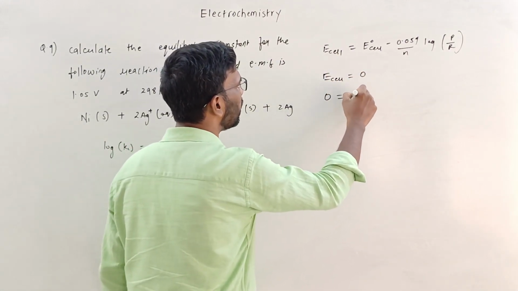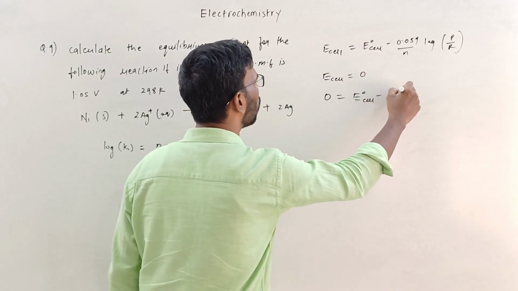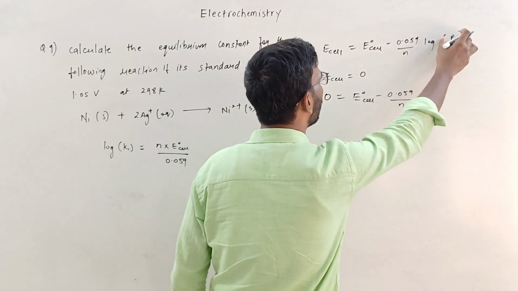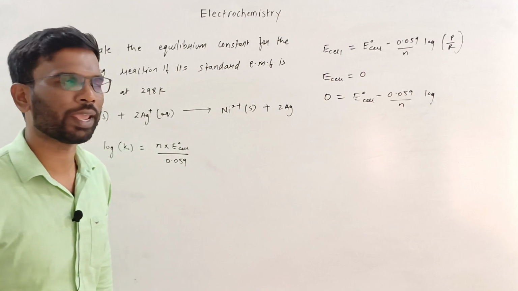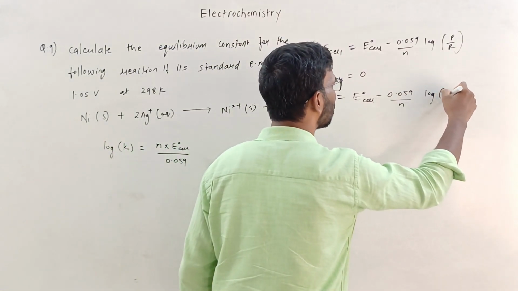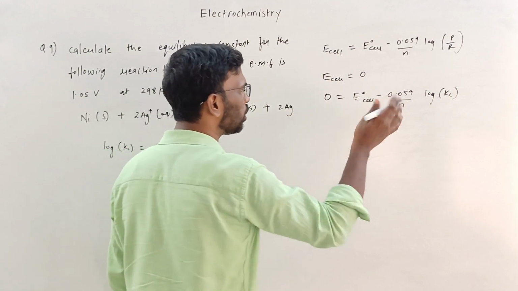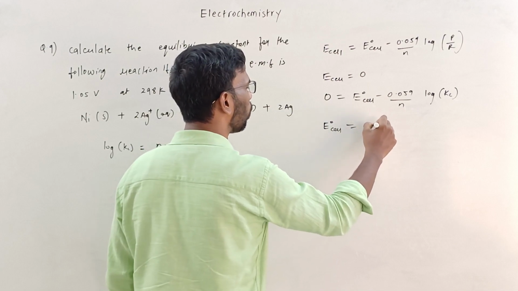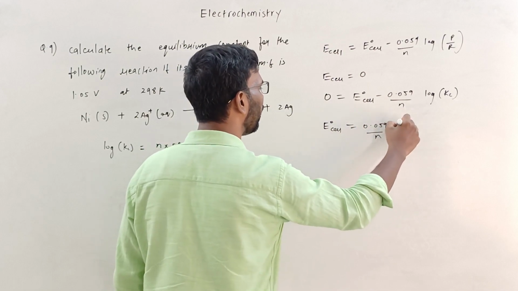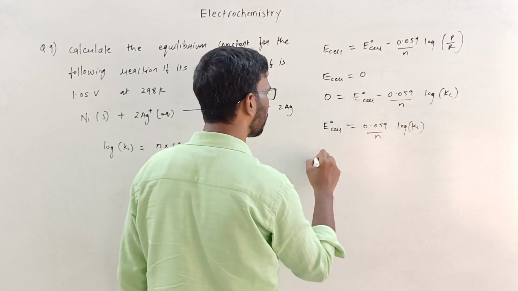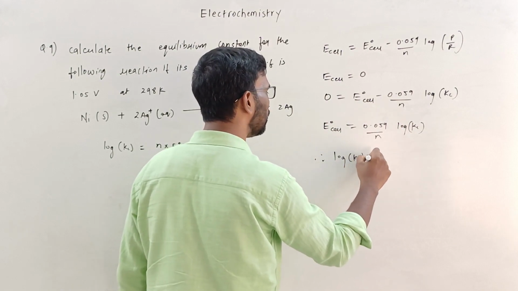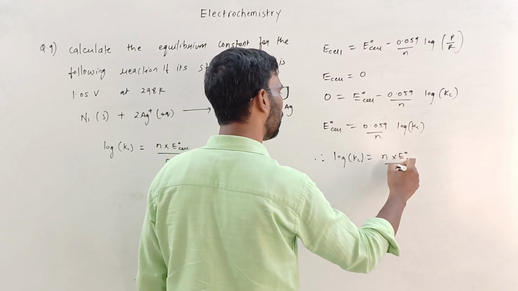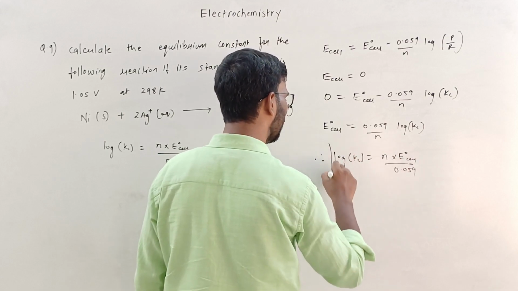So therefore 0 is equal to E naught cell minus 0.059 upon n, and at equilibrium the concentration of product upon reactant is called the equilibrium constant K. I will write Kc, C is for concentration. So E naught cell is equal to 0.059 upon n log of Kc. Therefore, log of Kc is equal to n multiplied by E naught cell upon 0.059. This is the thing.